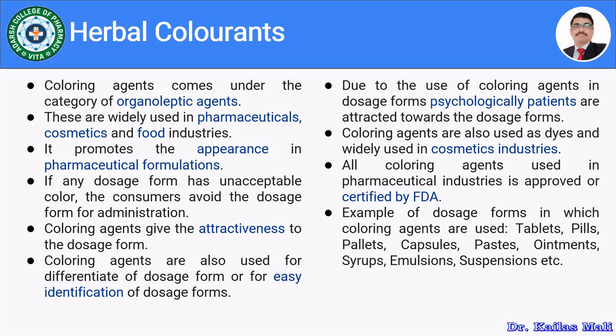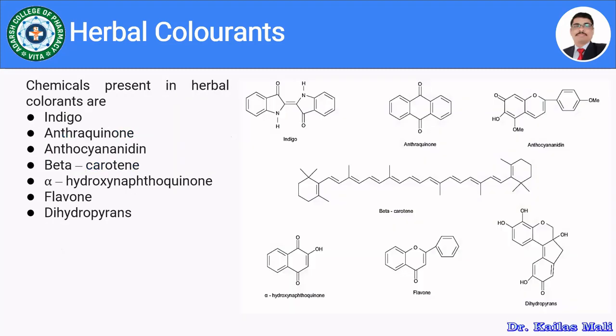Let us see some examples of coloring agents which are obtained from herbal sources. Initially, we will see the chemicals which act as pigments from herbal sources. They are further classified as indigo, anthraquinone, anthocyanidins, beta-carotene, alpha-hydroxynaphthoquinone, flavone, and dihydropyrans.